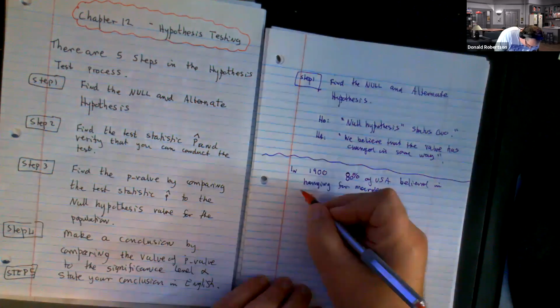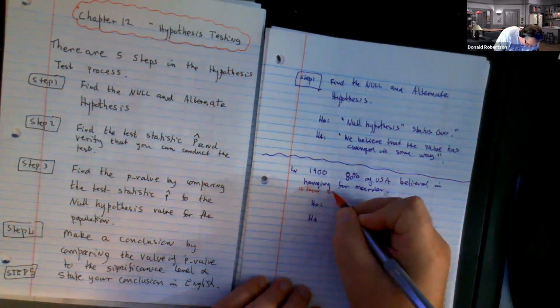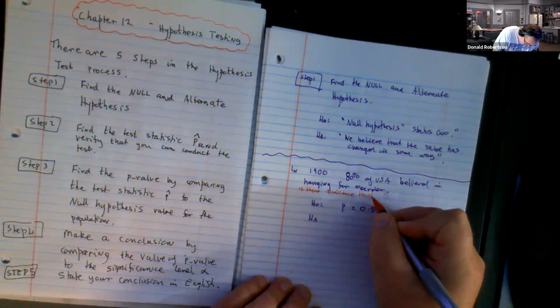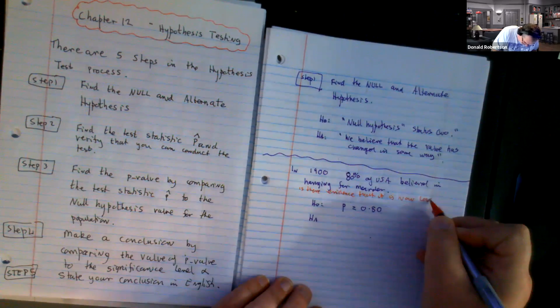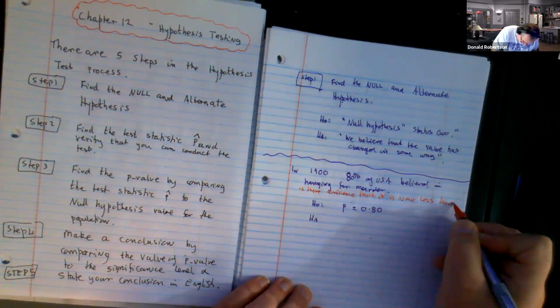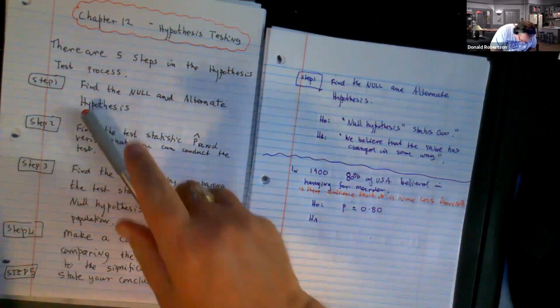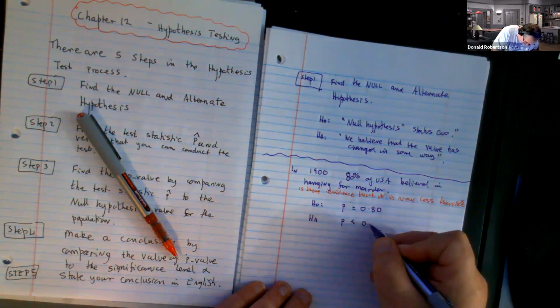So, is there evidence that it is now less than 80%? If you want to do a less than, you write it like that.